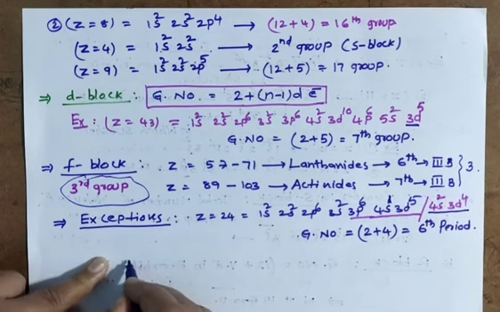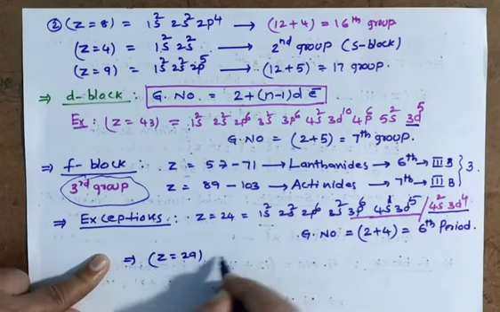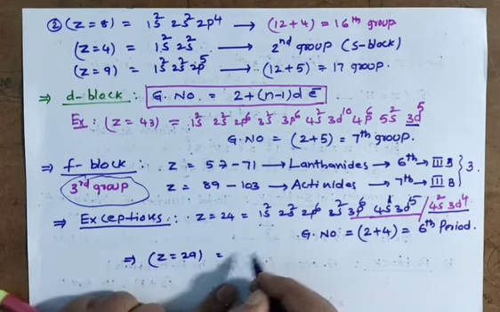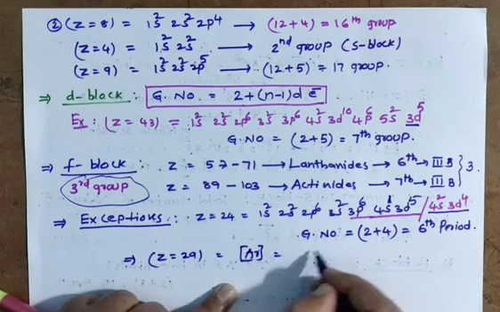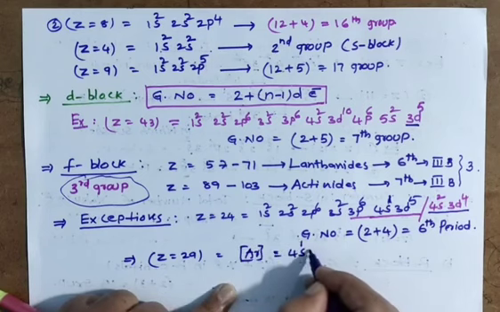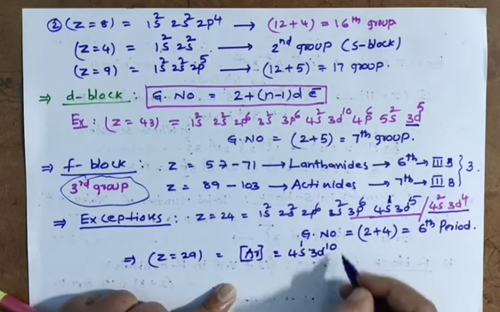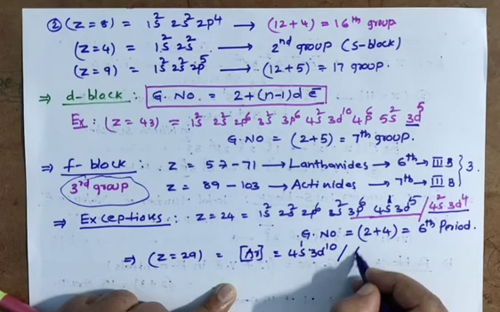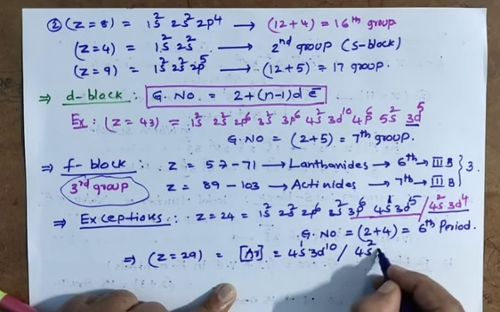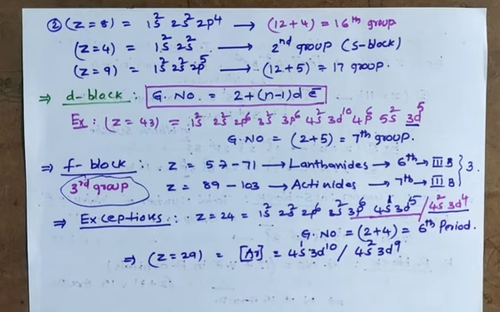And similarly for atomic number 29, copper. This also you have to take like this only. Argon, short form I am writing. Actual configuration is 4s1, 3d10. Am I right? But expected is 4s2, 3d9. Clear?